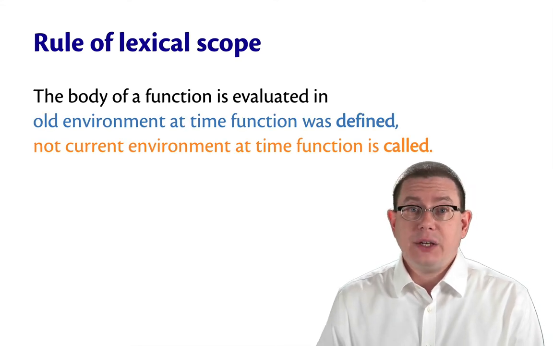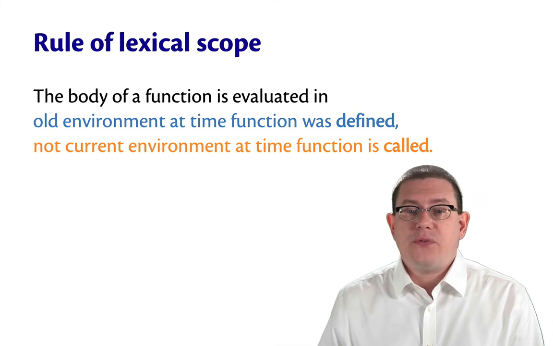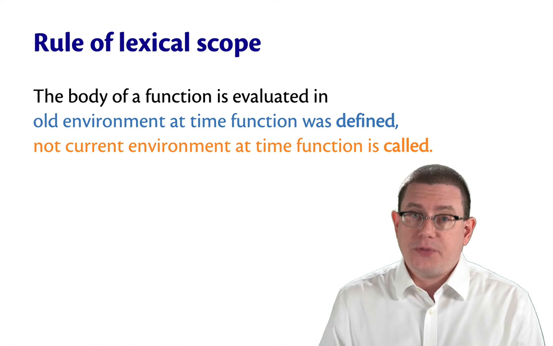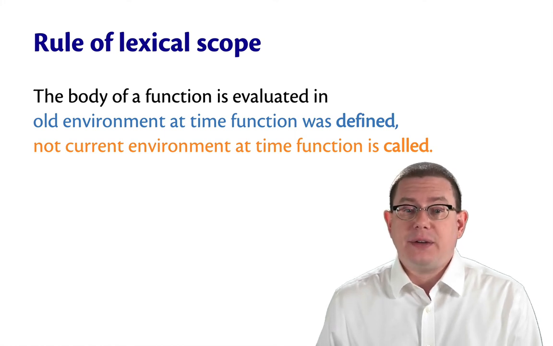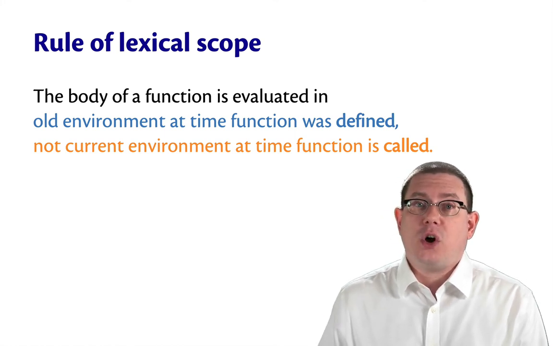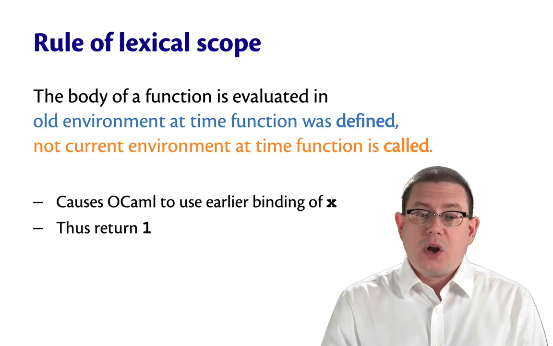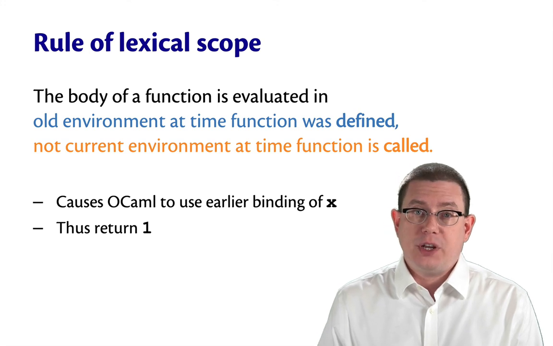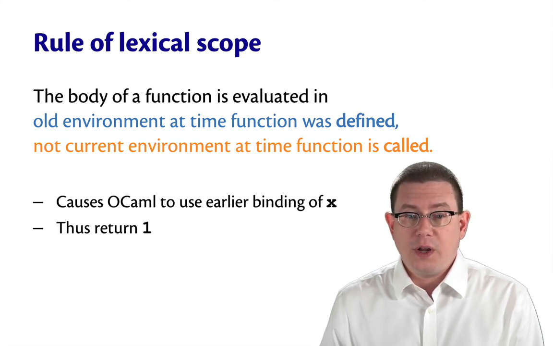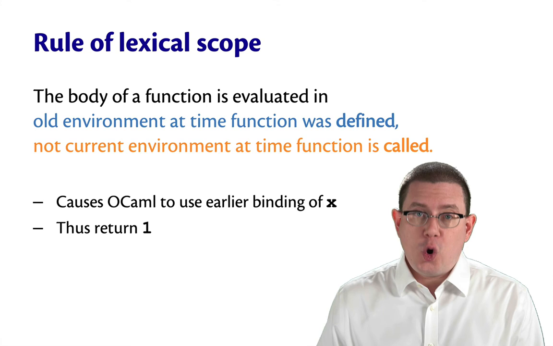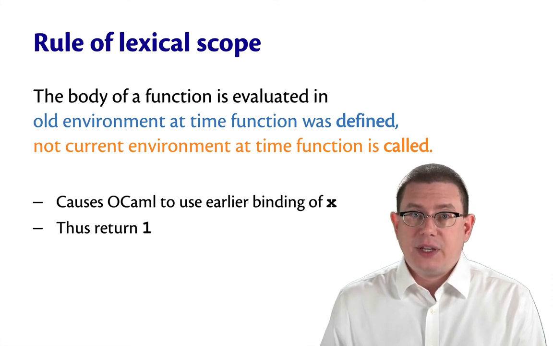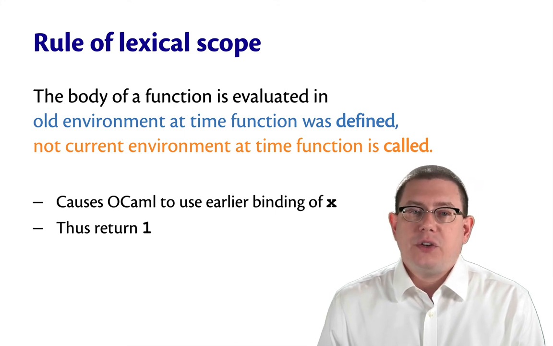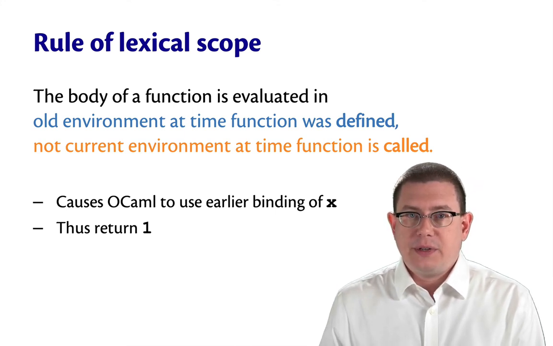The rule of lexical scope says that the body of a function is evaluated in the old environment at the time the function was defined, not in the current environment at the time the function is called. And that's what caused OCaml to use the earlier binding of x from when the function had been defined, and thus return 1.